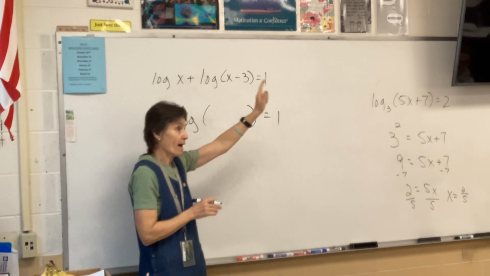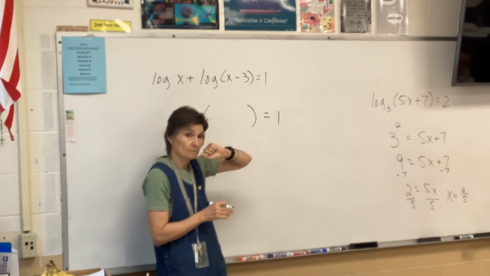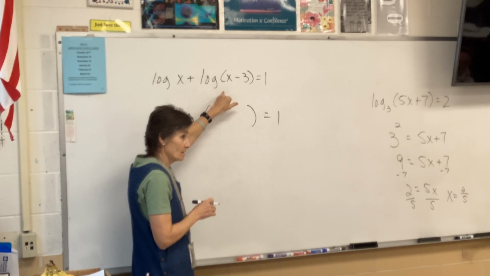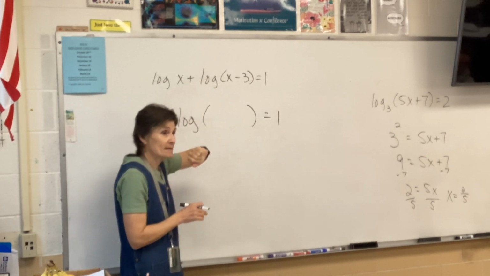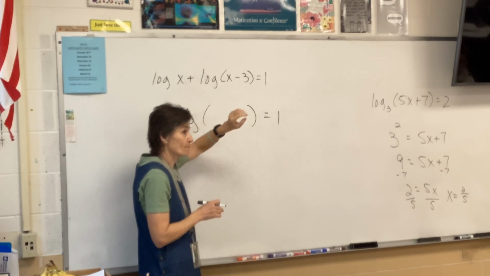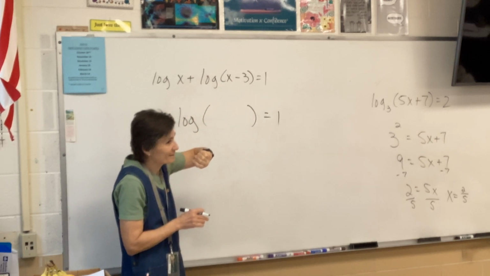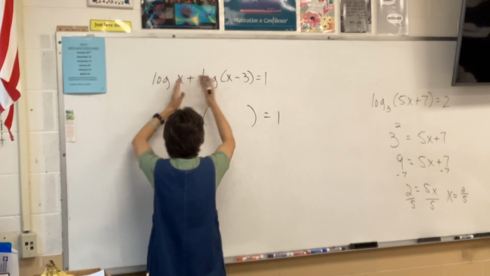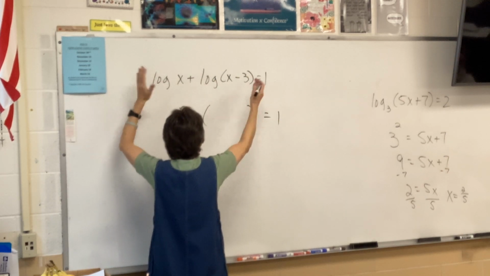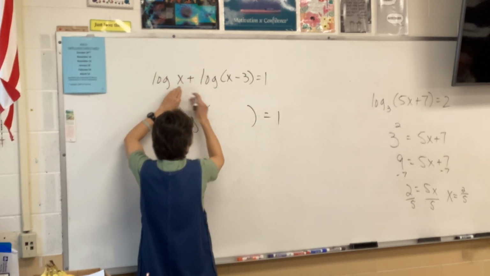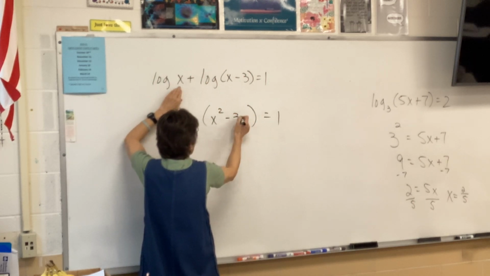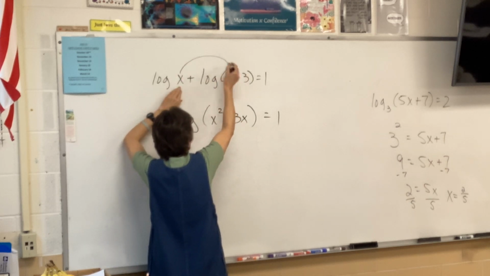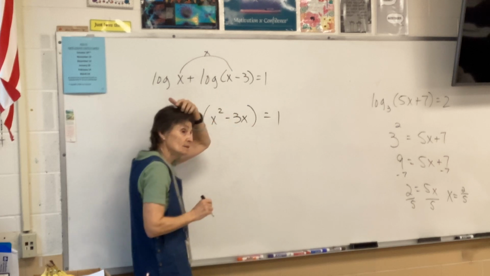So this goes back to something we talked about a few days ago. When logarithms are added, do you remember what that means about the numbers themselves? They've been multiplied. So when I smush this together and make it 1 logarithm, just this left side here, it's going to be x squared minus 3x, because this and this get times by each other.